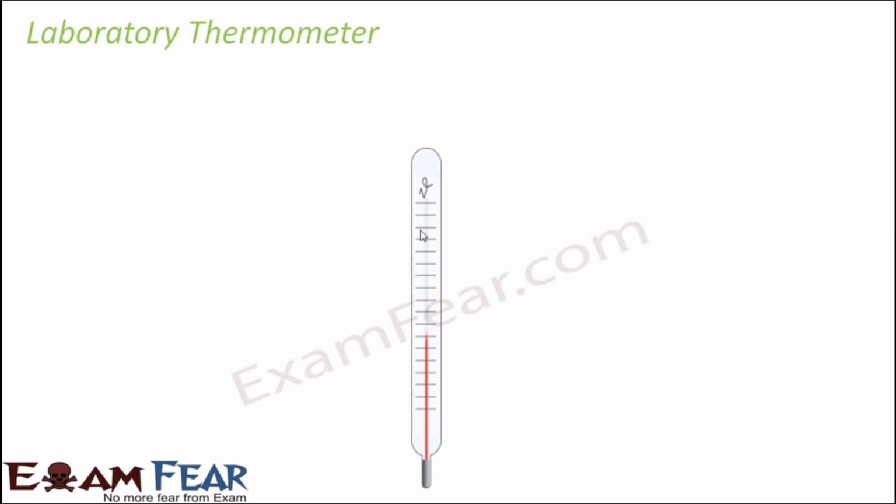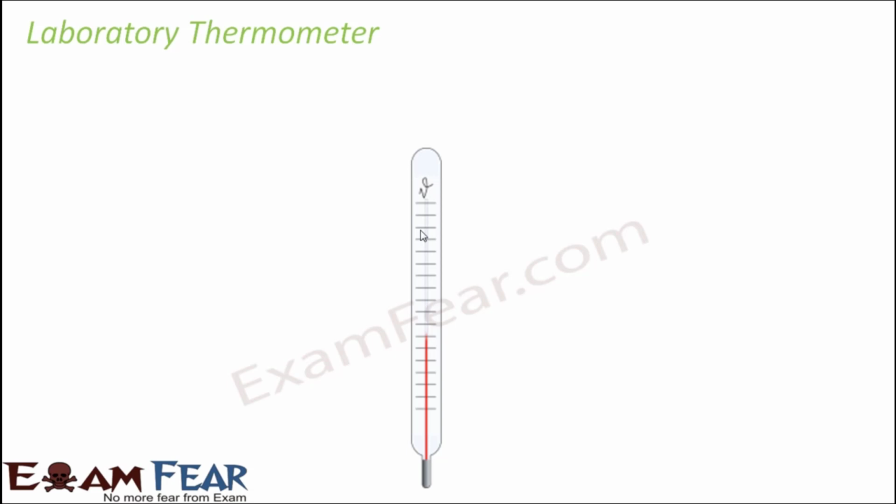Now, in the clinical thermometer, we saw that it only has a specific range of measurement. It can only measure temperatures from 35 degrees Celsius to 42 degrees Celsius. So if I try to use the same clinical thermometer to measure the boiling point of water, the thermometer would break because the boiling point of water is far more than the scale available on this clinical thermometer.